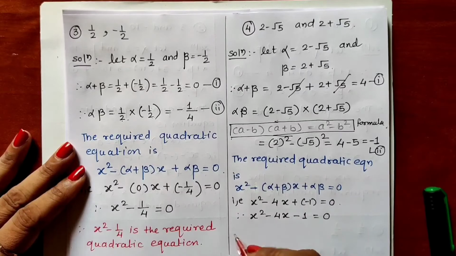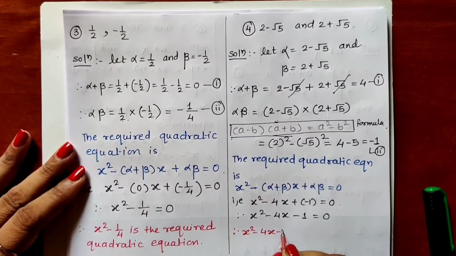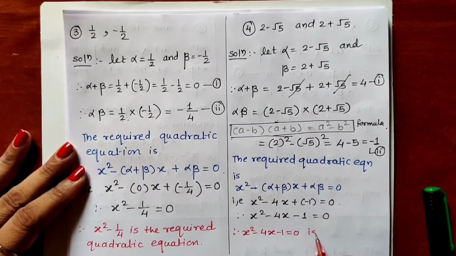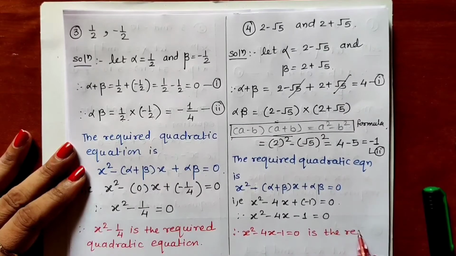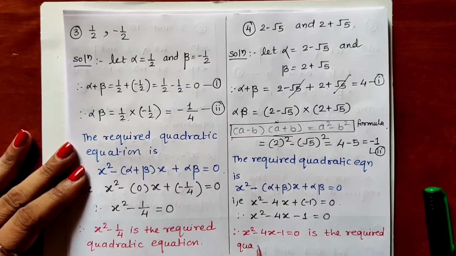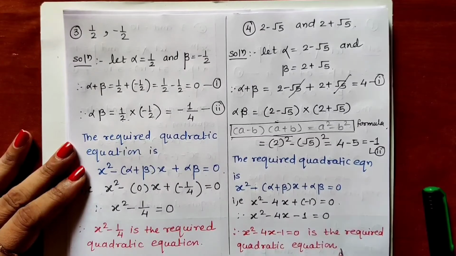As the answer we should write x square minus 4x minus 1 is equal to 0 is the required quadratic equation. So in this way we have completed this question number 4.